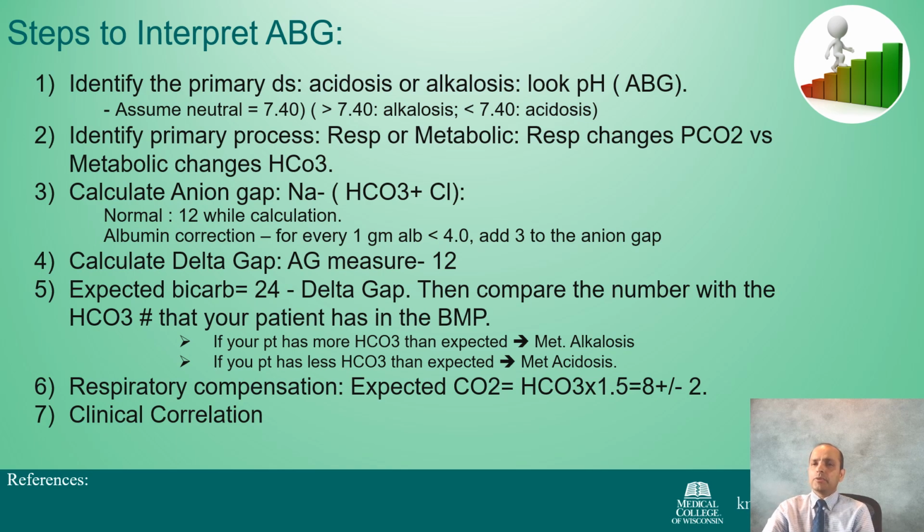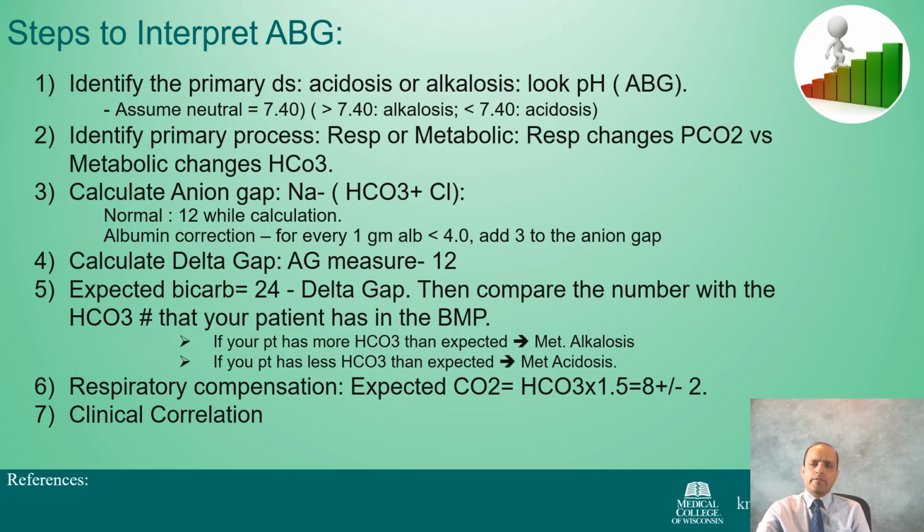Then you go to respiratory compensation. How do you calculate respiratory compensation? Winter's formula, for expected carbon dioxide. The expected carbon dioxide formula is bicarbonate times 1.5 plus 8, plus or minus 2. You calculate that number, and then you look at the number from the ABG.